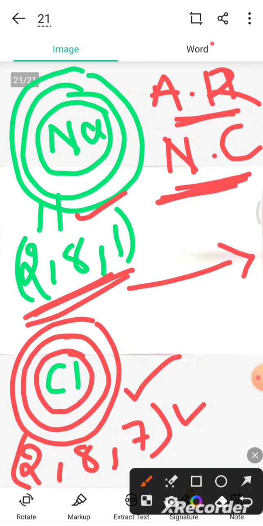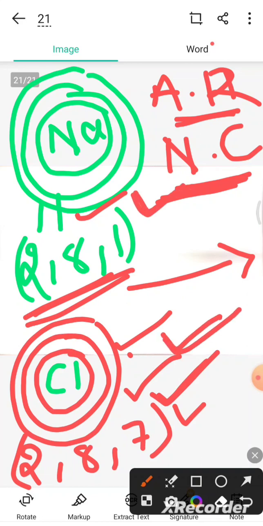The nucleus of sodium is attracting the electrons, and the nucleus of chlorine is also attracting the electrons towards the nucleus, but as there are more electrons, the nucleus will attract them more towards itself, and the nuclear charge is more. That's why the size compresses, and the size of chlorine will be less and the size of sodium will be more.